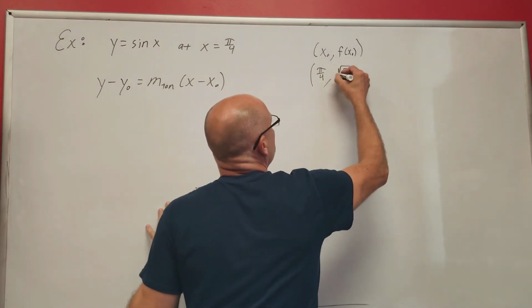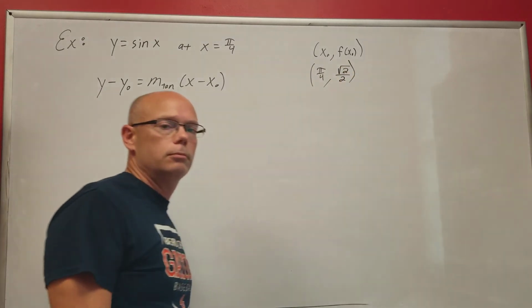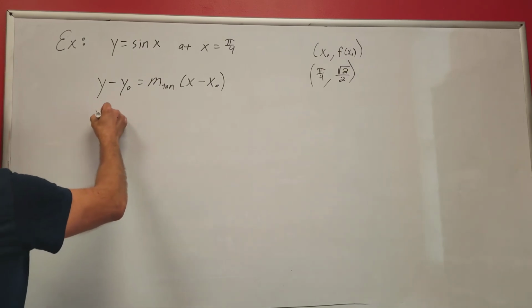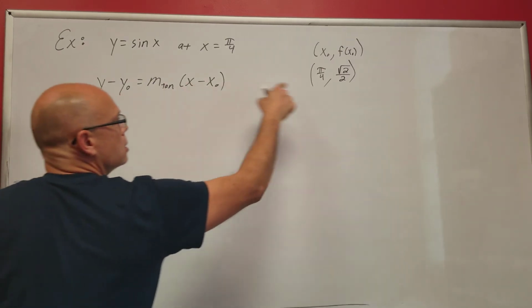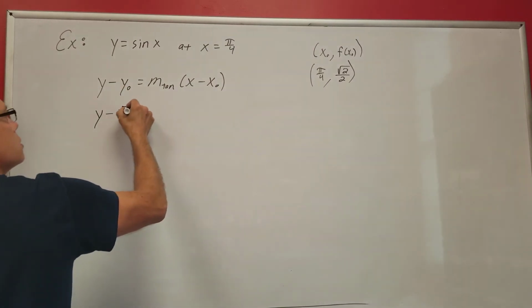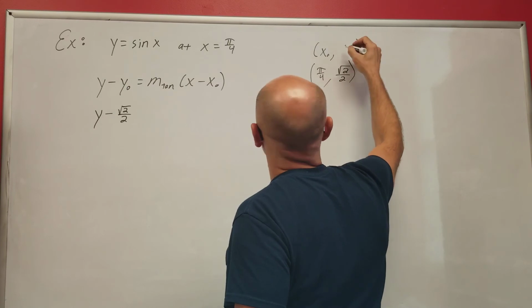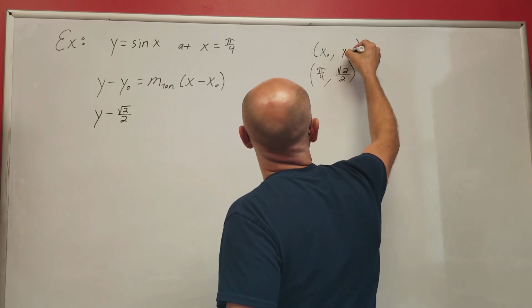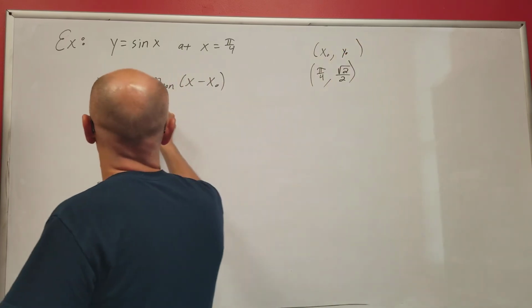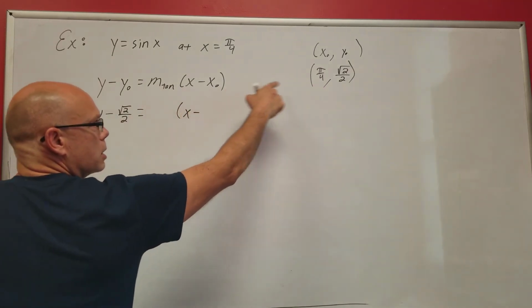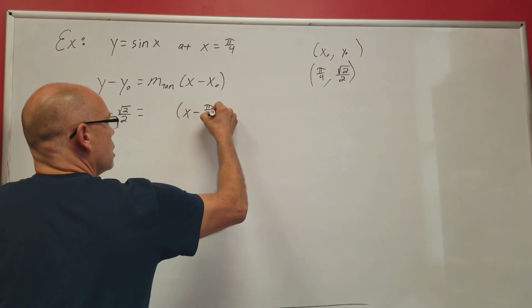Again, boy, I'm glad I memorized that unit circle, right? So right now, here's what I have. I have y minus square root of 2 over 2 is equal to m tan times x minus x subscript 0, which is pi over 4, right?